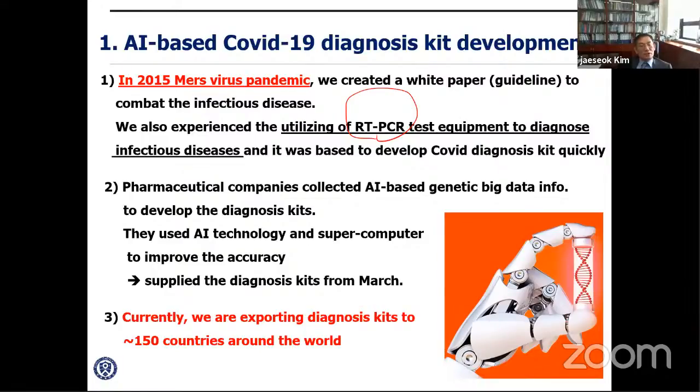Pharmaceutical companies collected AI-based genetic big data information to develop the diagnosis kit. They used AI technology and supercomputers to improve the accuracy of the kit. They supplied this diagnostic kit from March, and currently we are exporting this kit to more than 150 countries around the world.